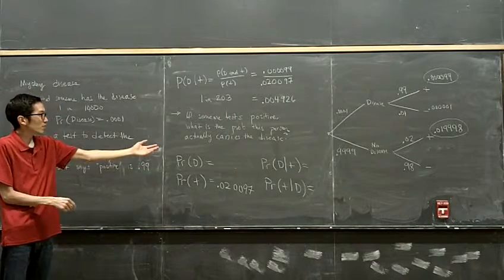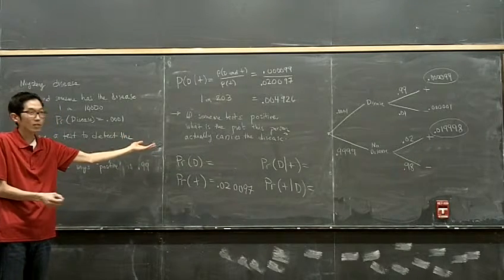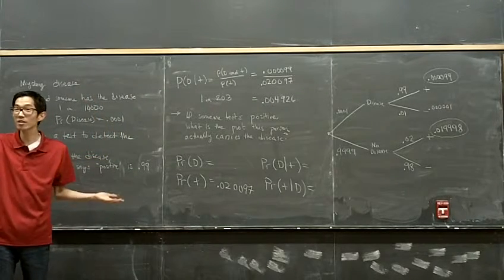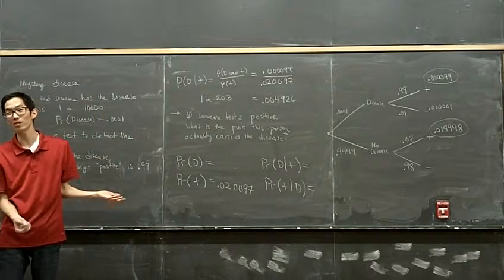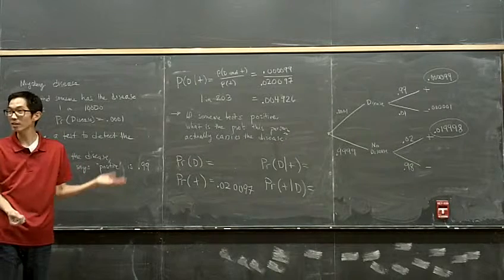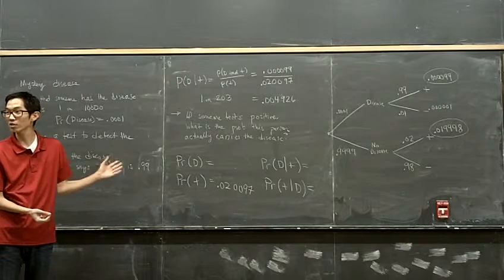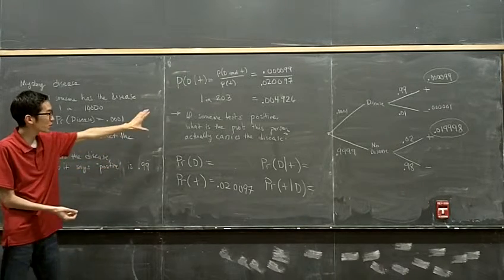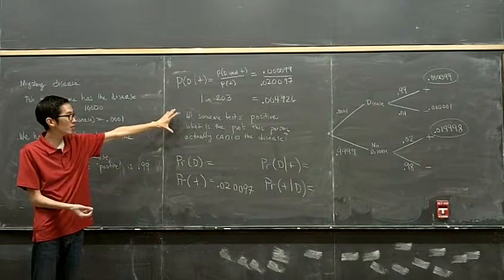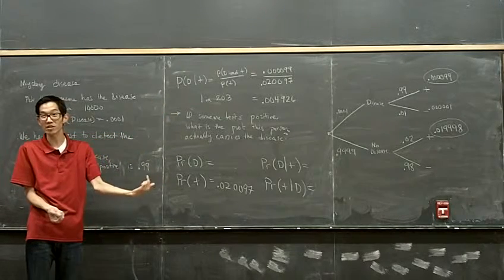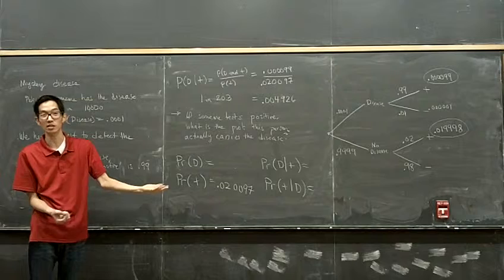So here it says, if somebody tests positive, what's the probability that they actually carried the disease? It's still only 1 in 203. That seems very small, and kind of counterintuitive. When you first read this problem, I think the initial feeling is that if you tested positive for the disease, you probably carry the disease.